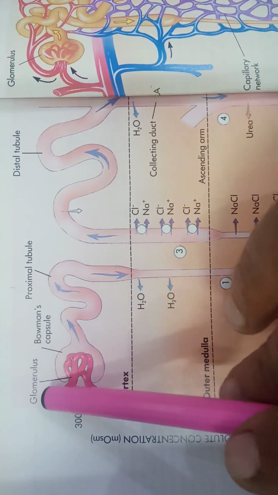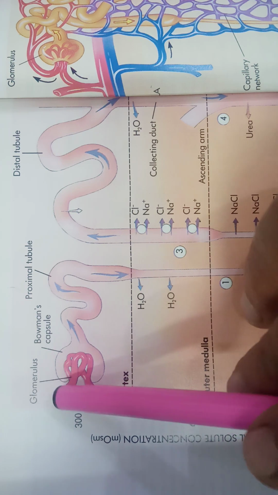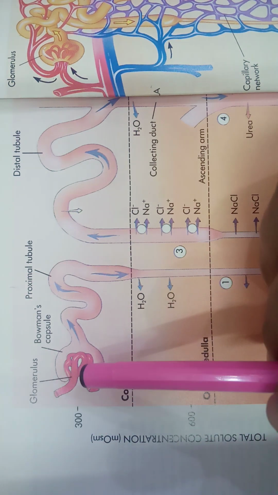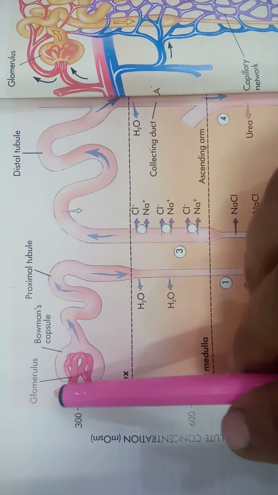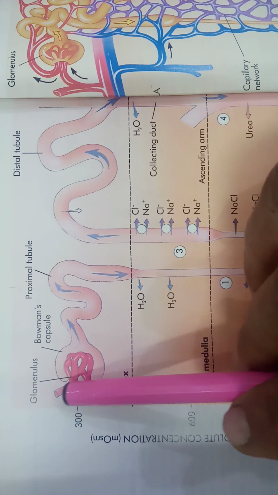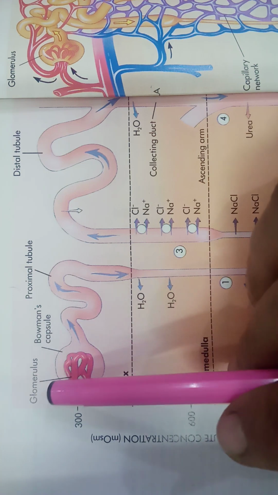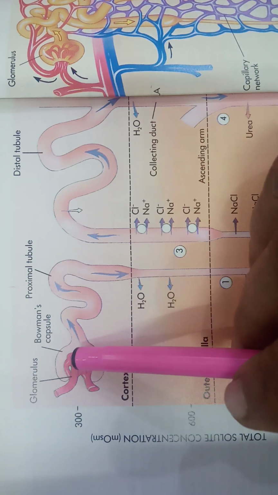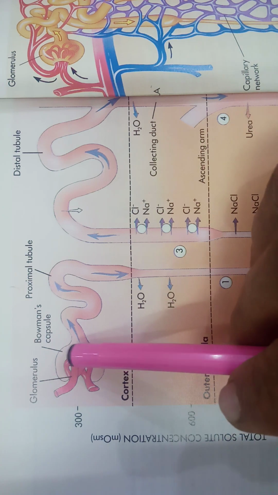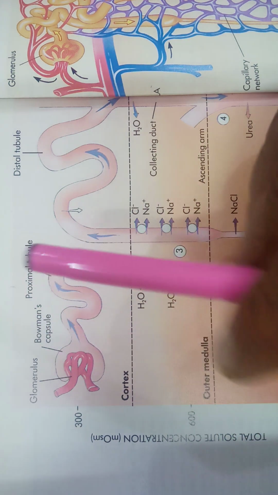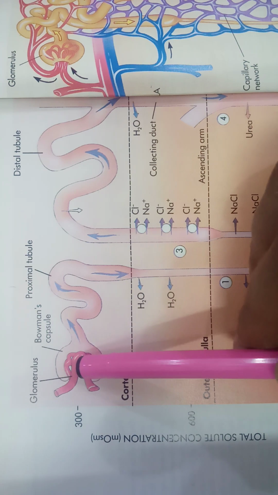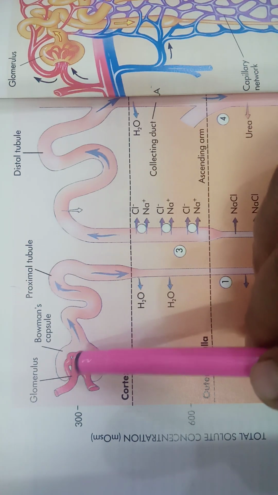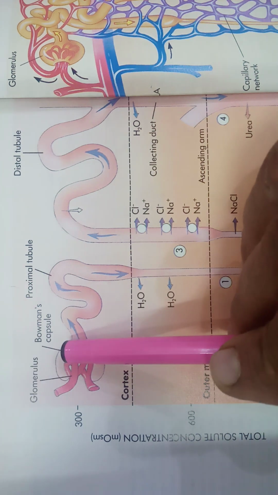The afferent arteriole has a wider bore than the efferent arteriole, so with more blood volume and a wider bore there is more blood pressure here. So the blood is filtered from here into the Bowman's capsule.